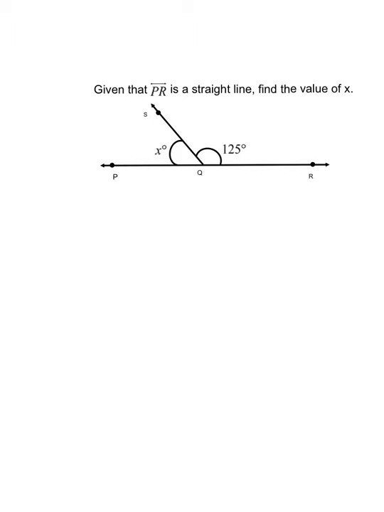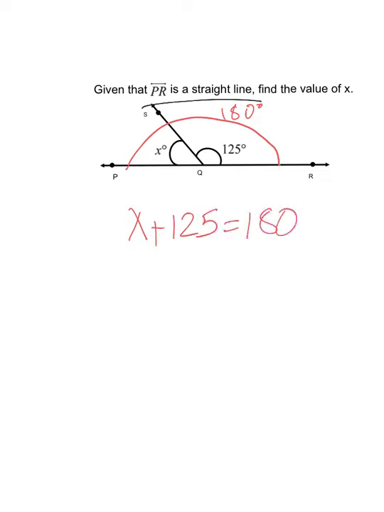All right, you try and do this one on your own. Hit pause, hit play when you're done. Hopefully you've paused. All right, PR is a straight line, so that means I know this whole thing should add up to be 180 degrees. So X plus 125 should be 180.